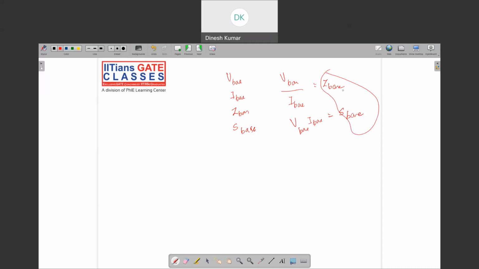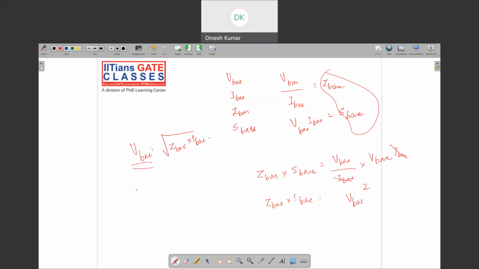If we multiply these two, we get Z base into S base, which is V base by I base into V base into I base. The I base gets cancelled. That means Z base into S base is basically V base square. So V base equals root of Z base into S base. We got the value of V base.